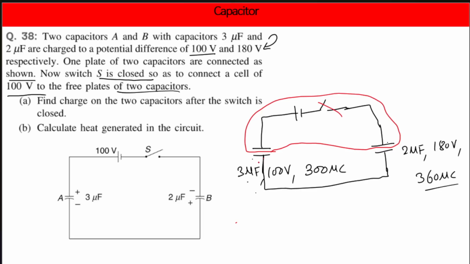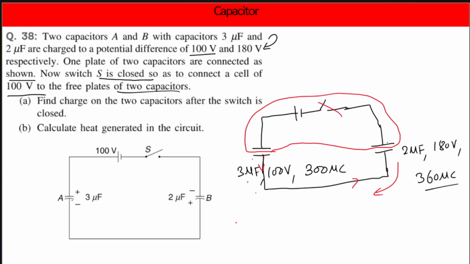So whatever charge is initially on these two plates will remain constant throughout whatever is happening with the two upper plates. The sum of charges will remain constant, not the individual charges, because charge can flow from here to here or from here to here. Redistribution can occur, but the sum of charges on these two bottom plates is going to be constant.